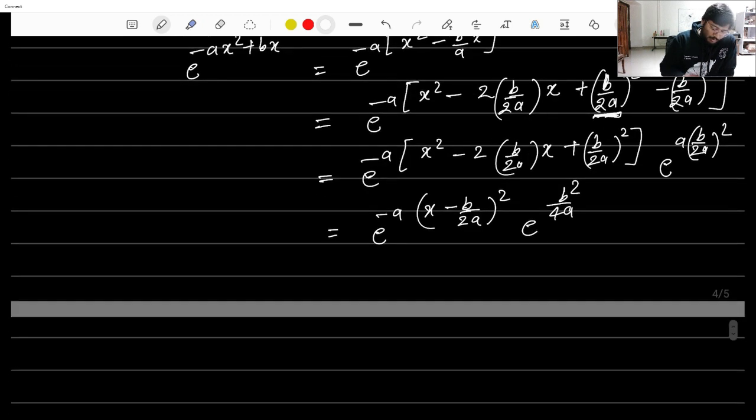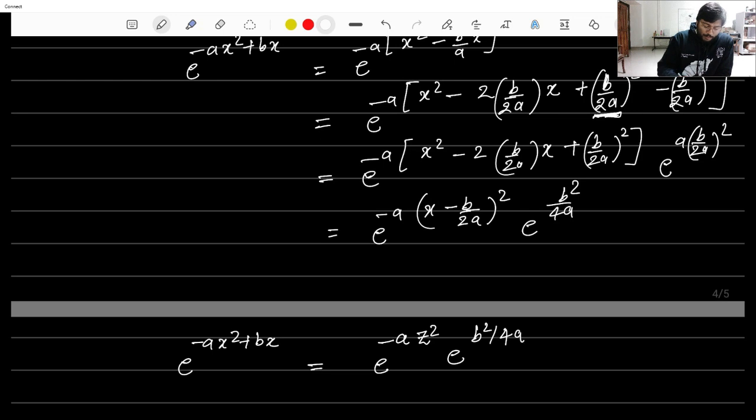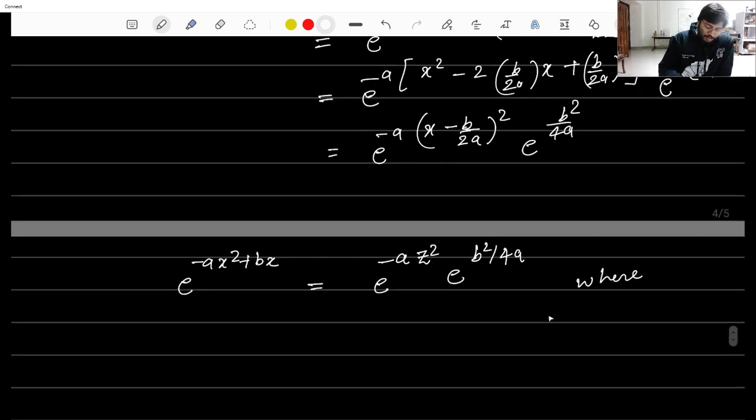Correct. Now what you can do is the change of variable so that it exactly looks like a basic, or normal, Gaussian integral: minus a z square, with e to the power b square by 4a, where you did the change of variable z equal to x minus b by 2a.